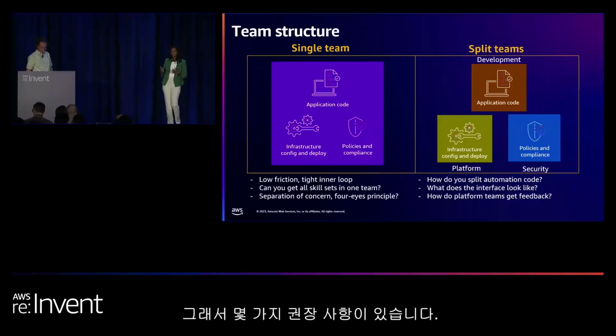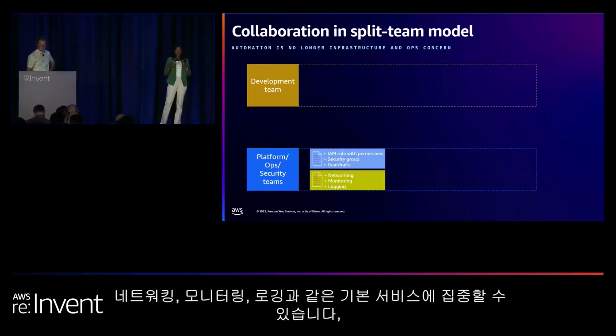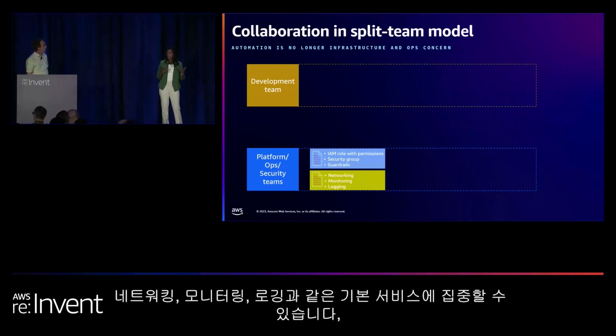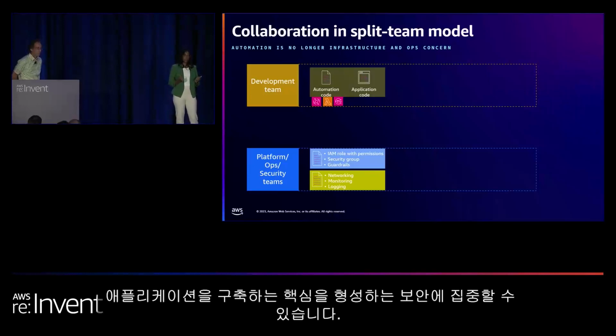So we have some recommendations for you. Now, if you have split teams in your organization, your platform or your infrastructure team can focus on the foundational services like your networking, your monitoring, your logging, security, which forms the core on which the applications would be built.